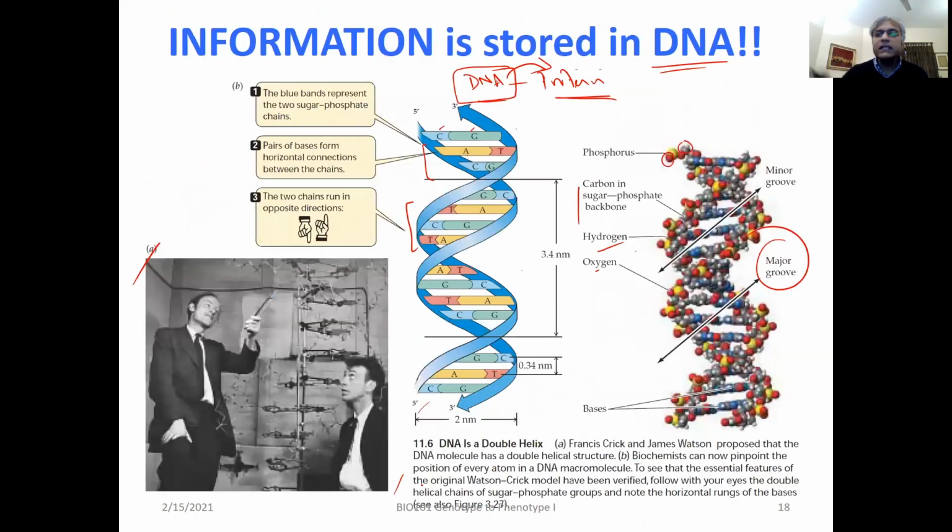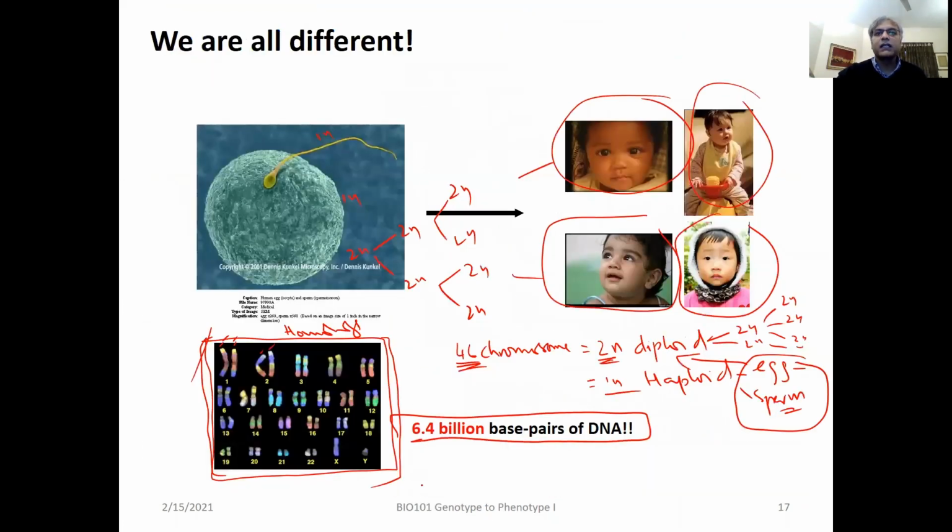Now, what is the information then? Let me draw the information here. Imagine CGA.